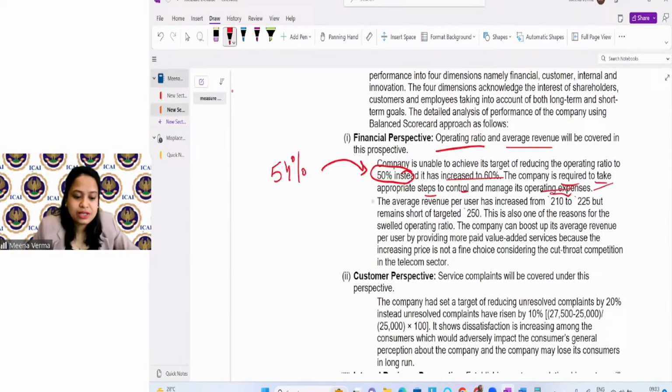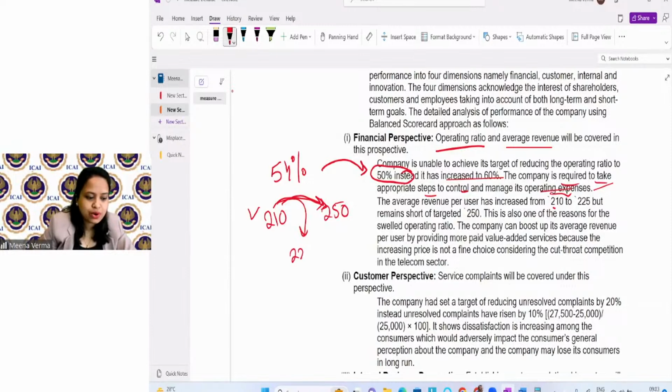All right. Similarly, here what is happening? Right now 210 is the revenue of the company. The company is targeting to improve it to 250. But instead of improving it to this extent, it has only improved to 225. You will see how much it has increased. Only this much, right? But the target was to improve it from here to here.